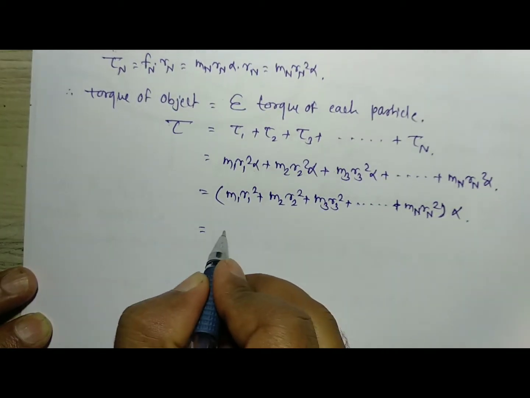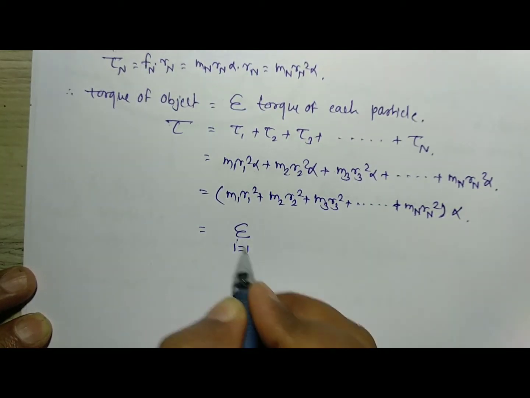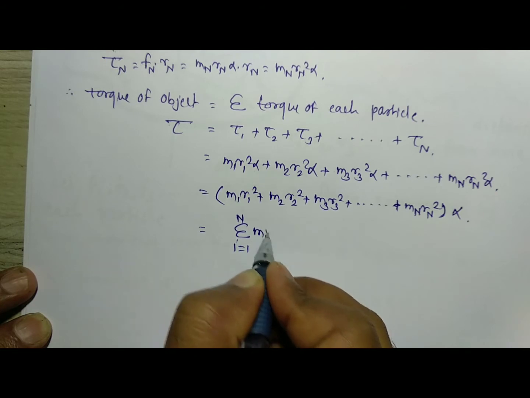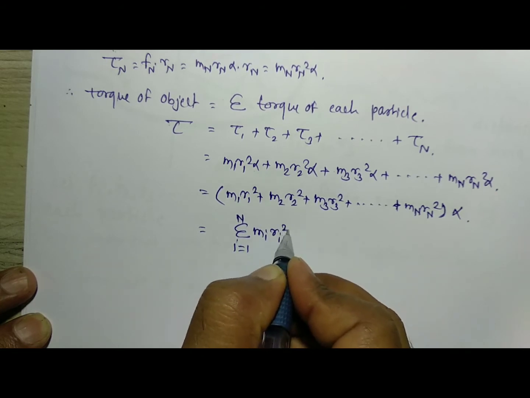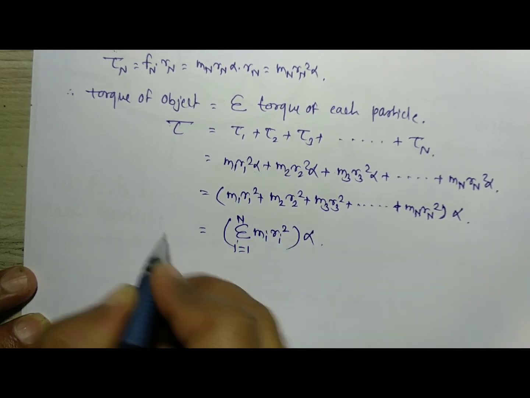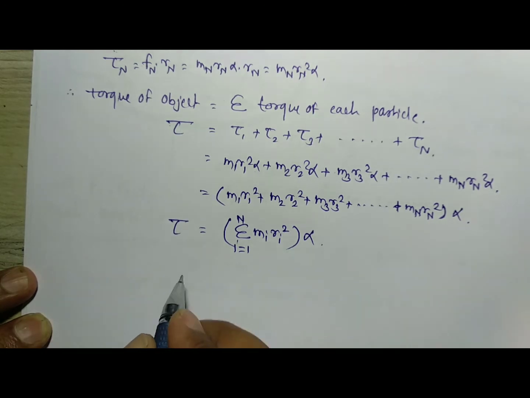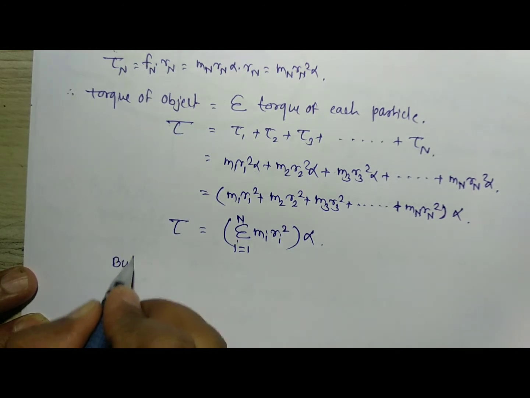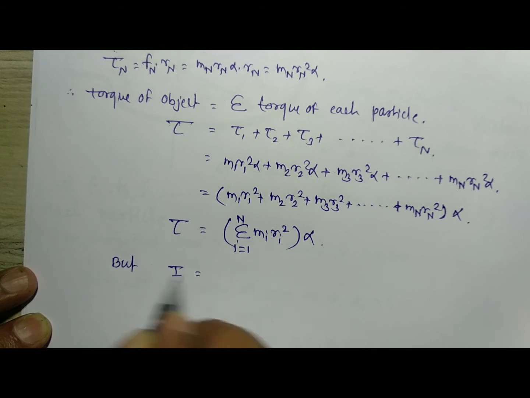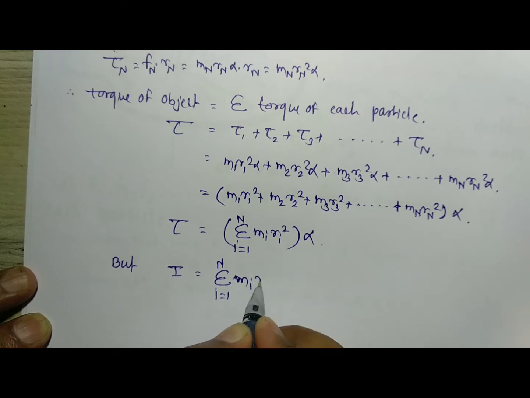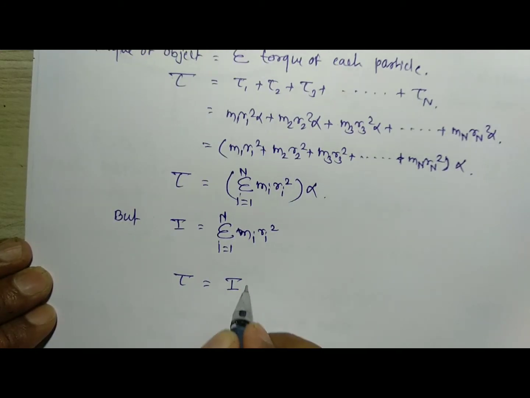It is nothing but the summation of i from 1 to n of mi ri square, with alpha outside, and you get tau equal to this. But we know that moment of inertia I is equal to the summation of i from 1 to n of mi ri square, and putting this value inside this, you get tau is equal to I into alpha, that is tau is equal to I alpha.